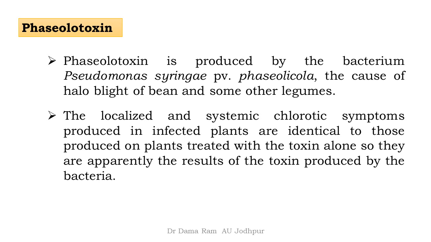Phaseolotoxin is produced by the bacterium Pseudomonas syringae pathovar phaseolicola and causes halo blight of bean and some other legume plants. The localized and systemic chlorosis symptoms produced in infected plants are identical to those produced in plants treated with the toxin.